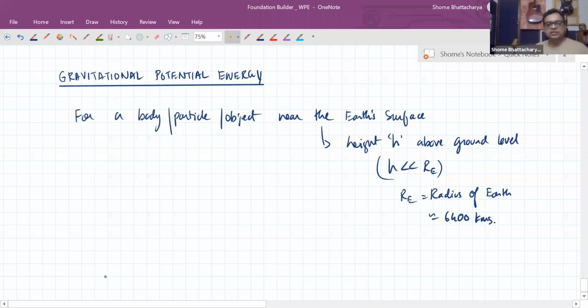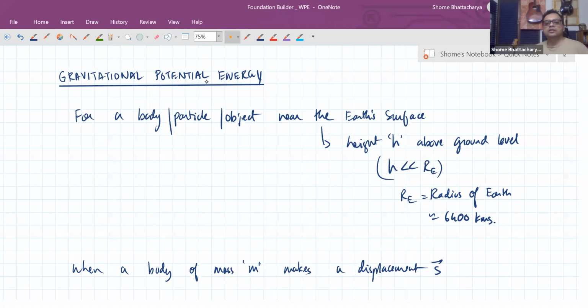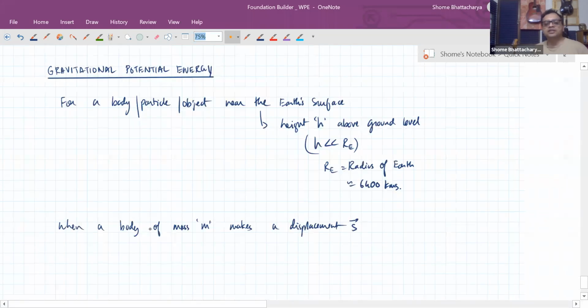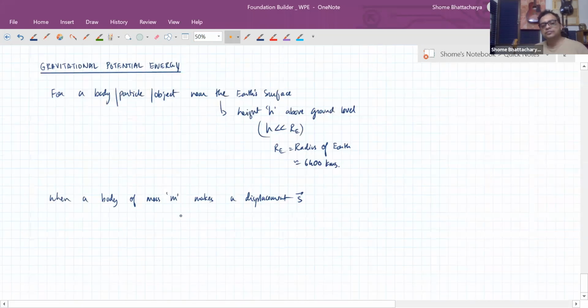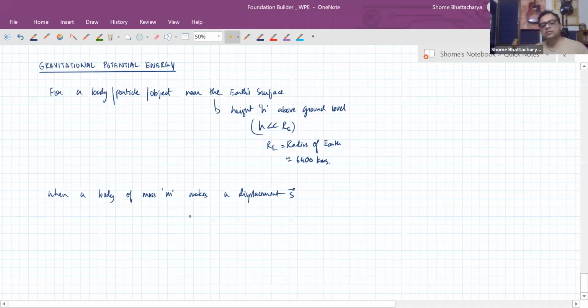Okay. So for such a situation, when a body of mass m makes a displacement of s, the work done by the gravitational force is mg dot s.